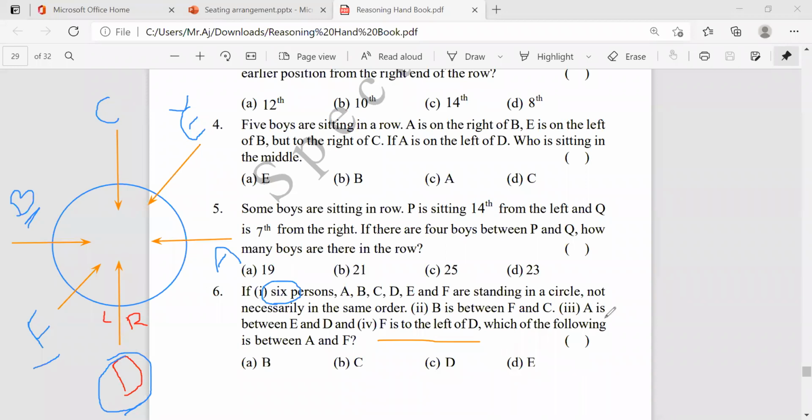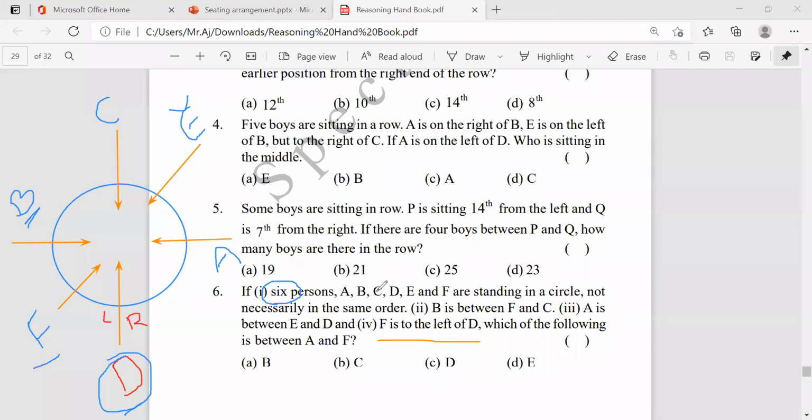Which of the following is between A and F? Which one? By saying this, you just say the answer. Guys, I'm asking you here. Say the answer.